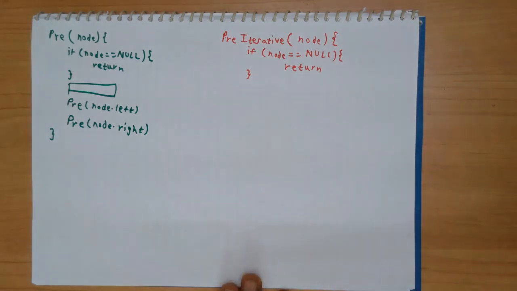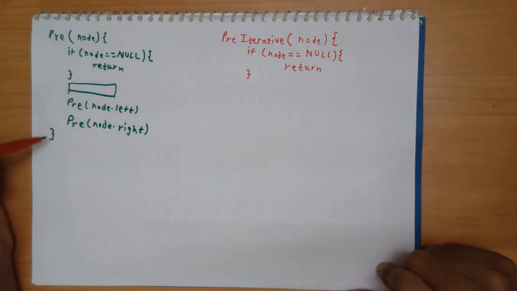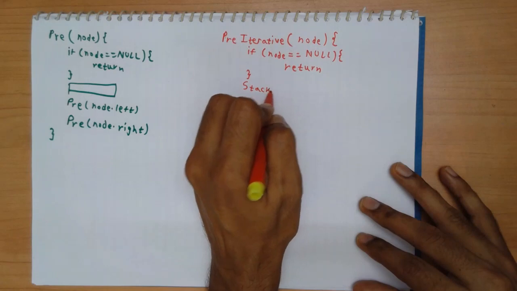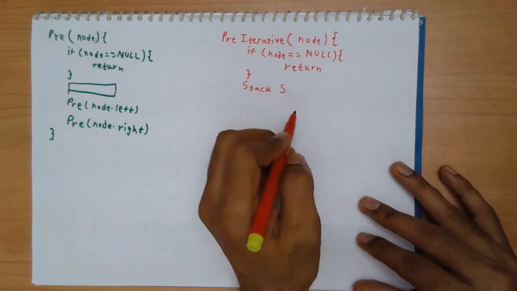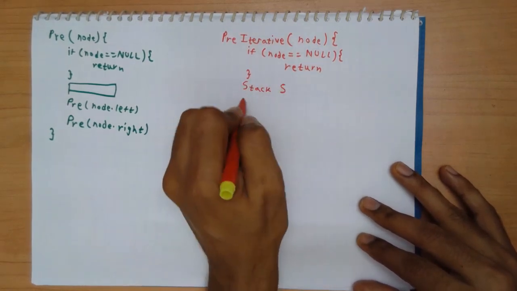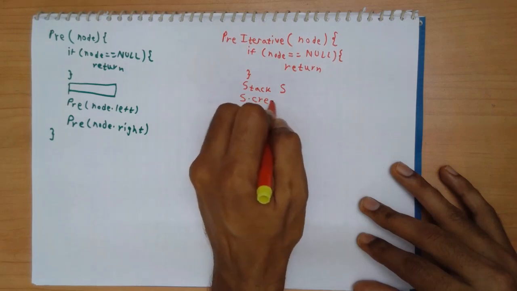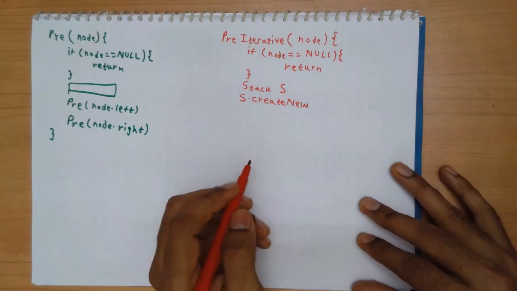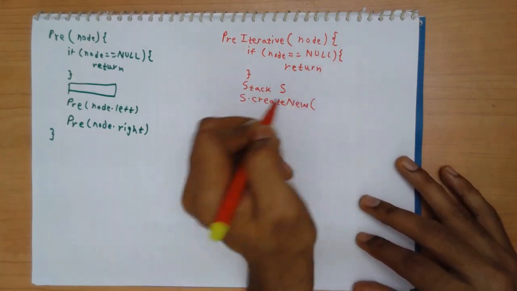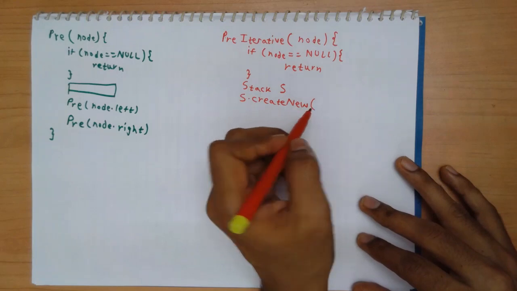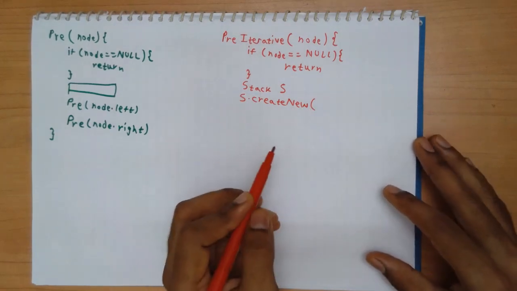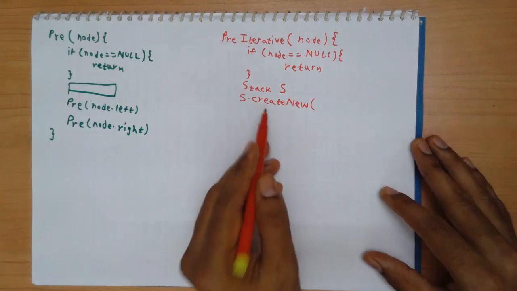Otherwise, I have to somehow emulate the recursion stack here. So I will say that I have a stack S, and I will say S dot create new with capacity equal to, let's say the current tree has a certain number of nodes, so at the most we'll be pushing all nodes of the tree onto this stack.